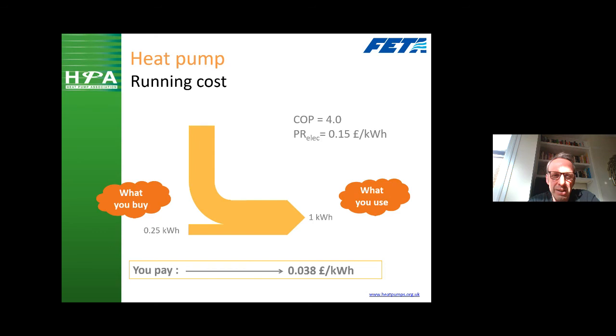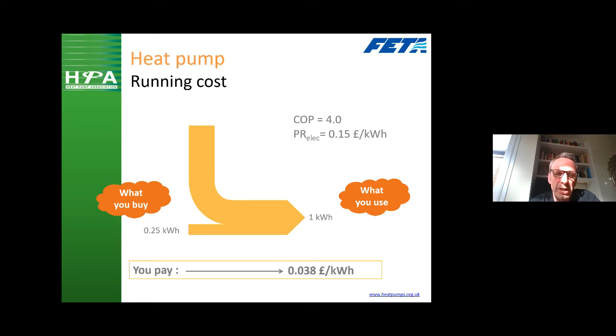So in this instance, that same kilowatt hour of heat is costing us just under 4 pence per kilowatt hour. So at these conditions, the kilowatt hour of heat that we need to generate is more cost effective to generate by a heat pump.